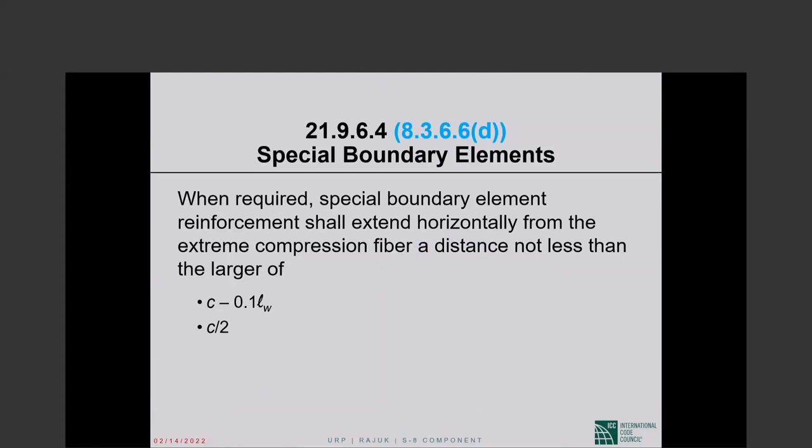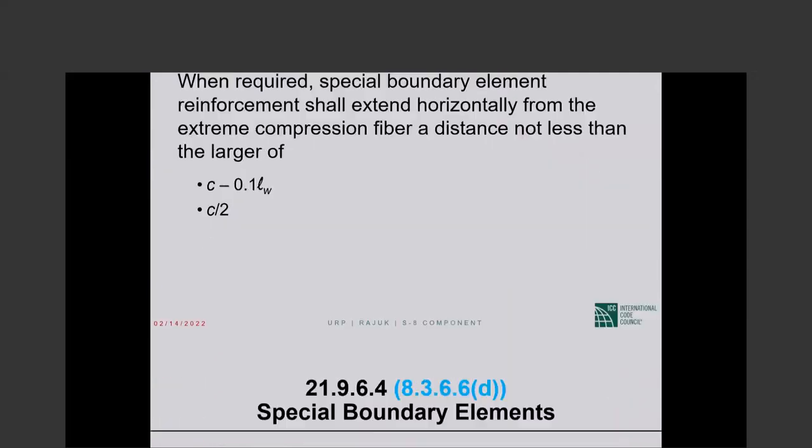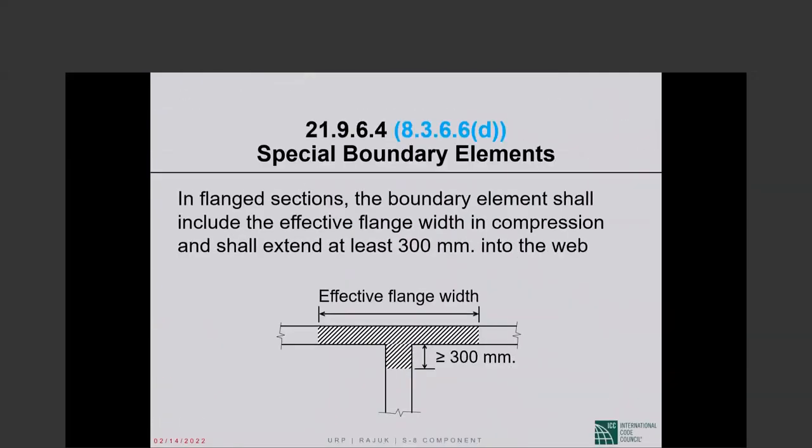The answer is 1/2 of the calculated neutral axis depth, or the neutral axis depth minus 1/10 of the length of the shear wall, L sub W, whichever is the larger of the two. So the code gives you the vertical extent of the special confinement, and it also gives you the horizontal extent.